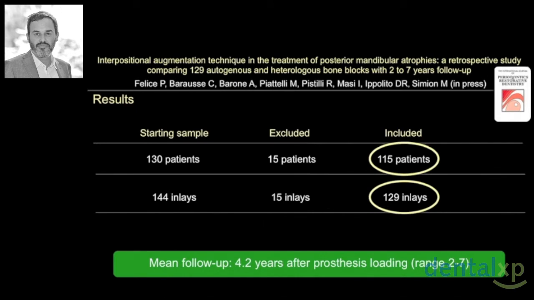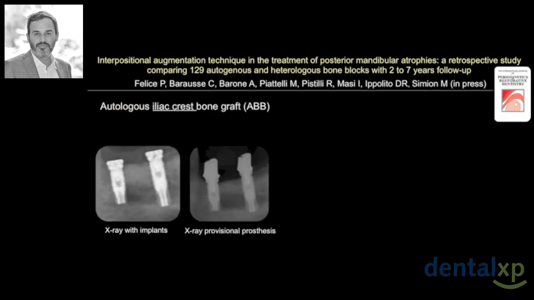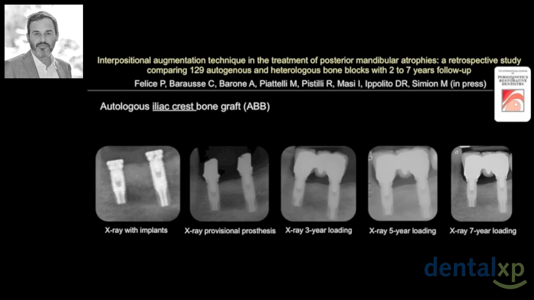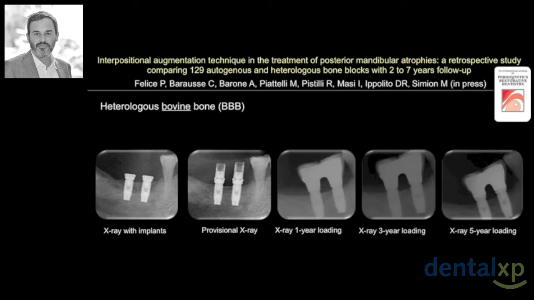These are the interventions in the patients, more than 120 inlay procedures, and we analyzed 256 implants. This is a case with autologous iliac crest bone, and this is the same case after 7 years. A case with a block of heterologous bovine bone with the provisional prosthesis, and after 5 years.